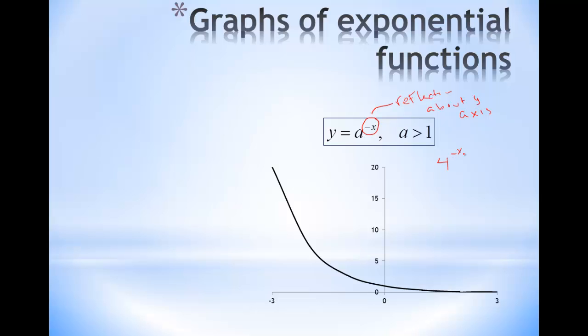If I have 4 to the negative x, and I plug in x equals negative 3, well, that's just equal to 4 to the third, and that's going to give me 64. And so this is going to just keep growing as I'm going out onto the negative side. But if I'm on the positive side, if I go 4 to the negative third, now I'm on this side. Again, I get 1 over 64, and as x gets bigger and bigger, that negative sign is going to cause me to approach 0. Okay?